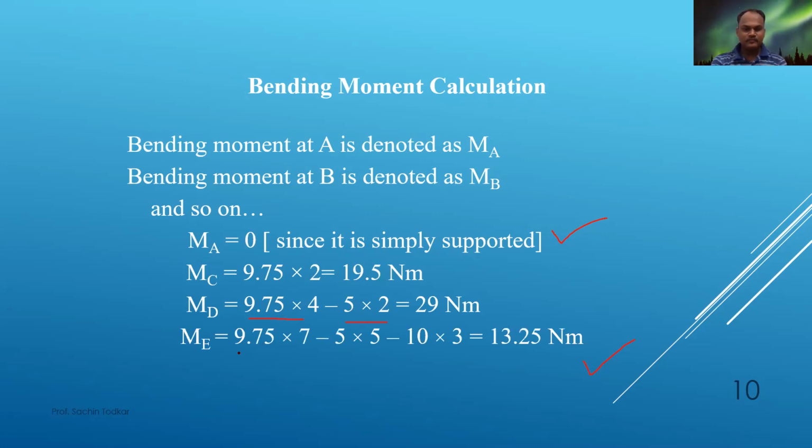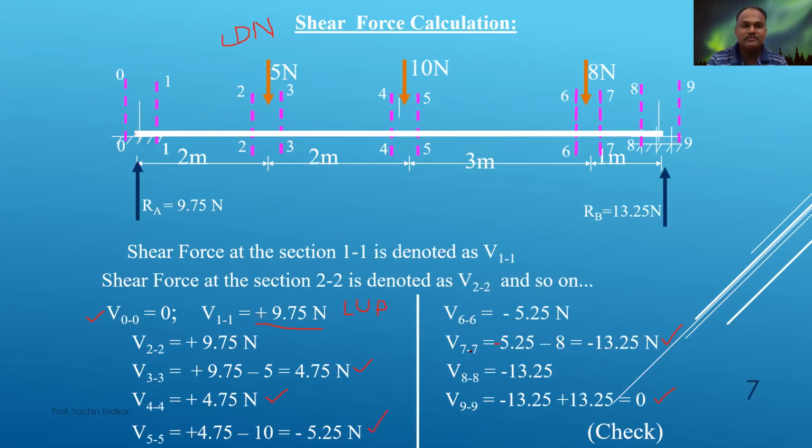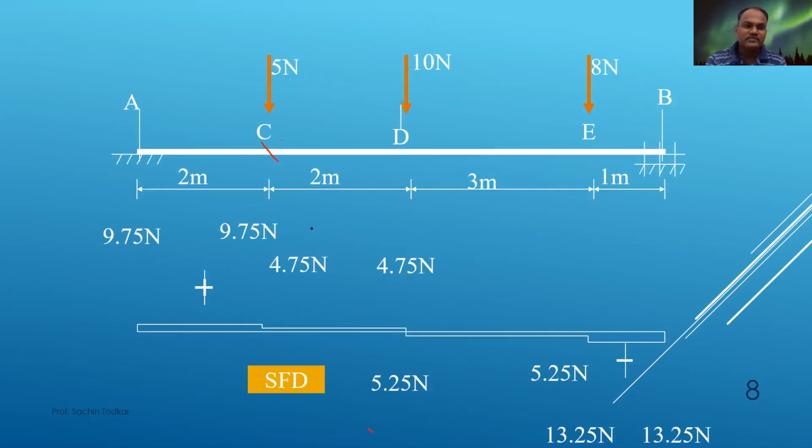Similarly, 9.75 into 7 is sagging, 5 into 5 is hogging, and 10 into 3 is hogging. This is very important to understand what is sagging and what is hogging. Due to the upward force it is sagging, due to this force there will be hogging, and due to this 10 Newton force it will again be hogging.